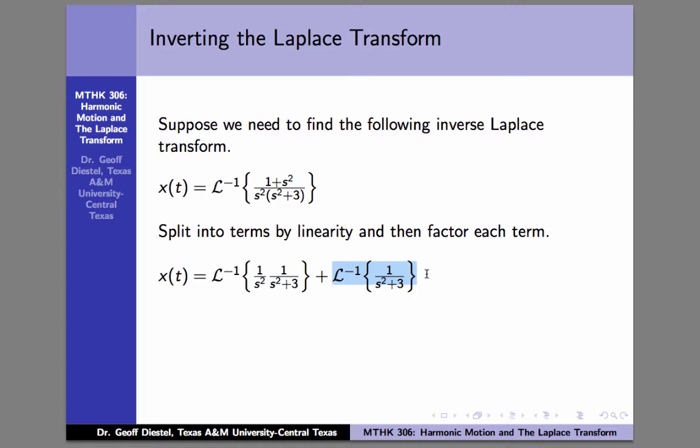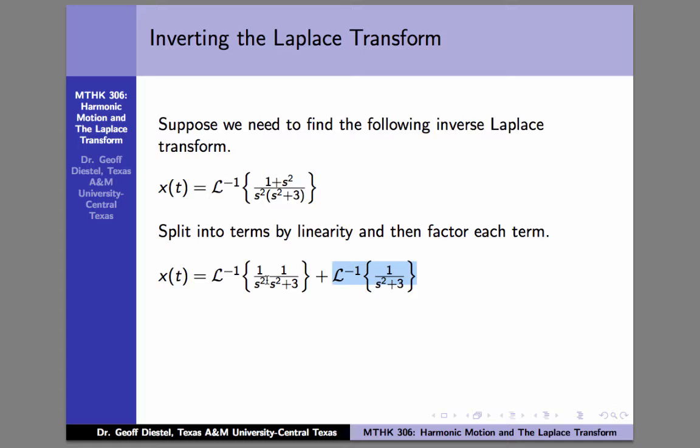And then what do we have in the first term? The 1 over s squared times s squared plus 3 is really a product of two things. Remember what we just got done doing. We proved a formula: the inverse Laplace transform of a product can be computed by convolving the inverse Laplace transforms of the two things that are creating the product. So all I need to know is, what's the inverse Laplace transform of 1 over s squared?